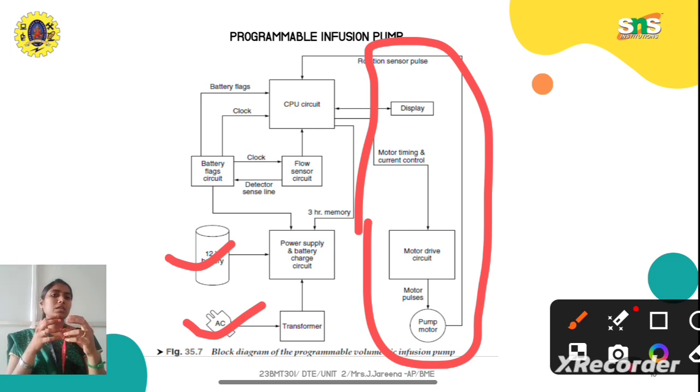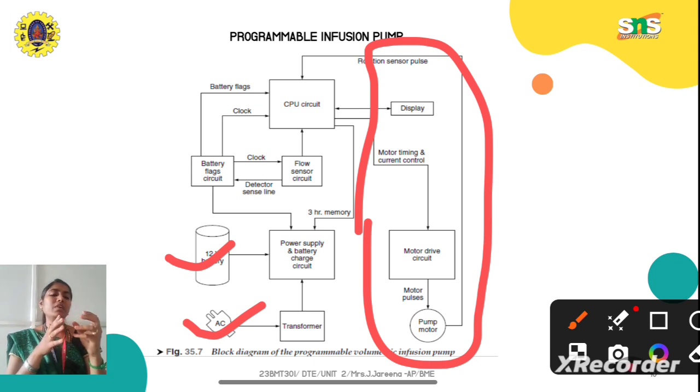The signal sent by the CPU unit is delivered to the motor drive circuit as a control and timing signal. According to that, the motor will start to rotate. Based on that rotation, the pump will pump the fluid through the tubing into the patient. That is the overall motor pump mechanism of the infusion pump.